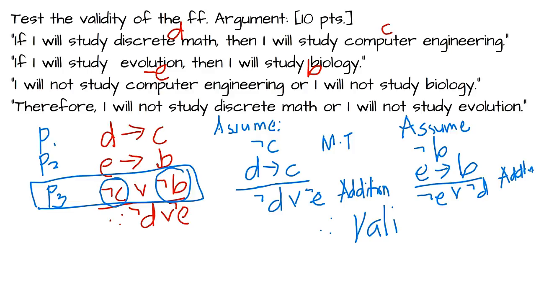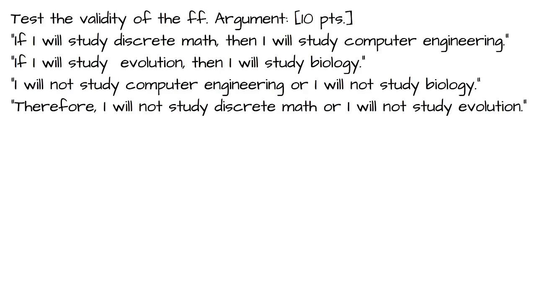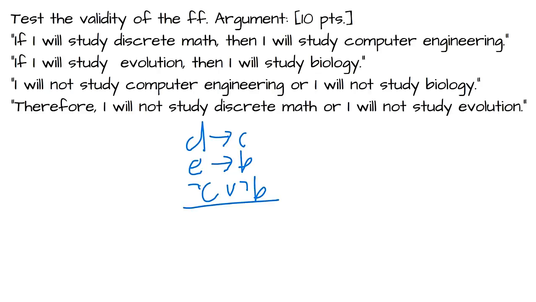So if we rewrite the arguments, we have D implying C, and we have E implying biology, and not of C or not of B. Therefore, you have not of D or not of E. So the equivalence for this, using the logical equivalence for the implication, we have not of D or C. The second one is not of E or B.